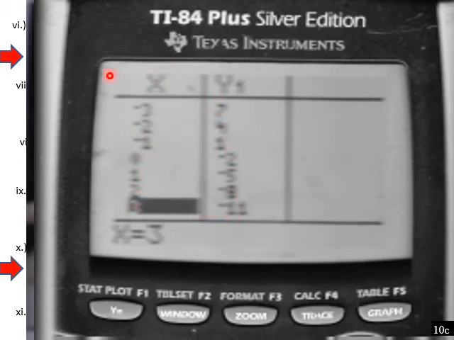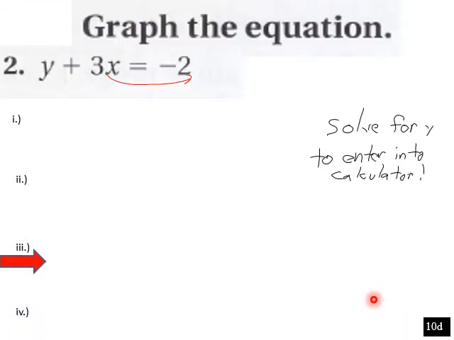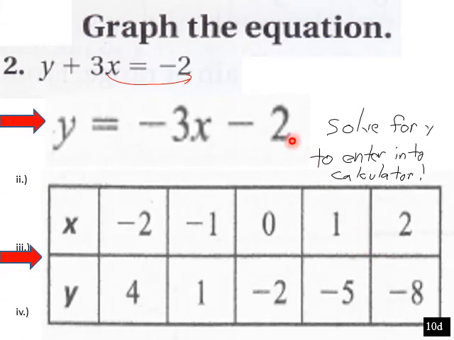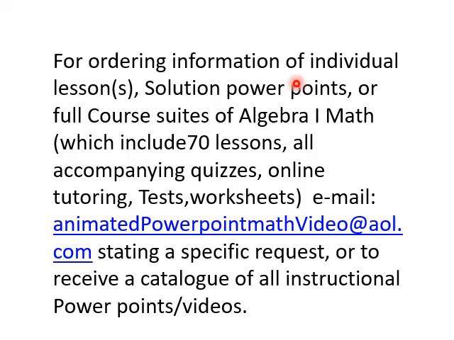This is what a table looks like in a TI-84 Plus. So we're going to graph this thing: y equals -3x minus 2. Now we get this table for this function of y. When x equals 0, y equals -2. Solve for y to enter into a calculator. Okay, so this is the way we would enter this into a calculator.